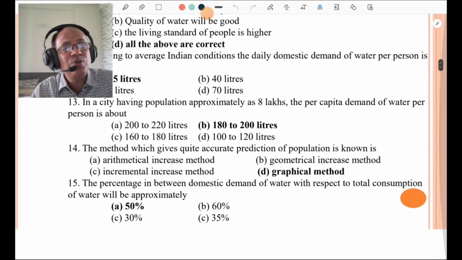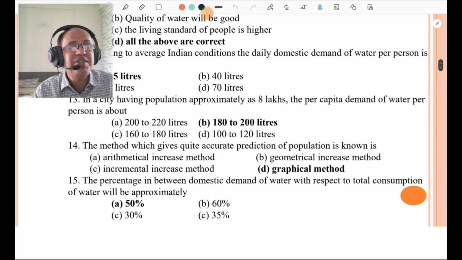The method which gives quite accurate prediction of population is the graphical method. There are different methods: arithmetical increase, geometrical increase, incremental increase, but the graphical method gives more accurate prediction. The percentage of domestic demand with respect to total consumption of water will be approximately 50%.